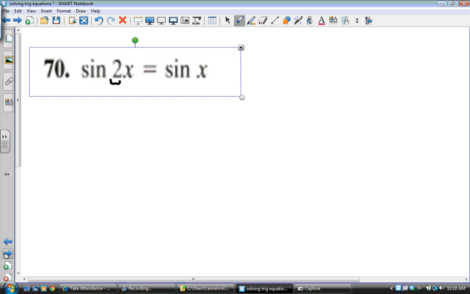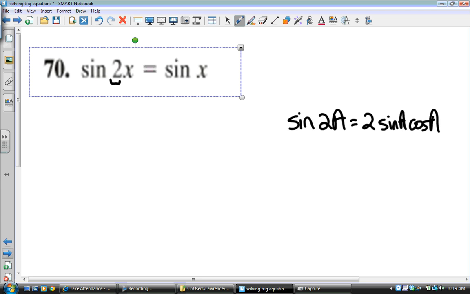You can use these too. I'm going to use this one: sine of 2A is equal to 2 sine A cosine A. And you remember what I said about your double angle identities? I didn't make you memorize them, did I? But I told you needed to be familiar with them, so if you saw one, you could think about it.